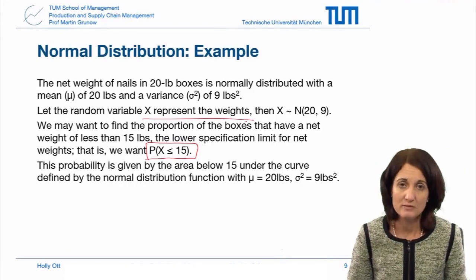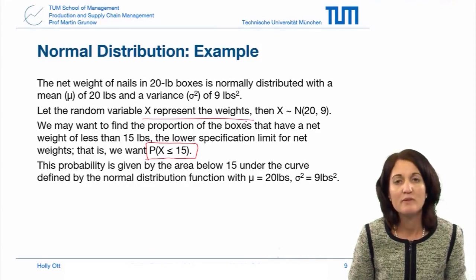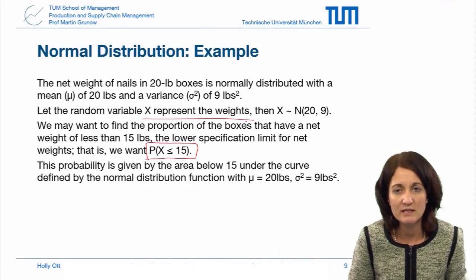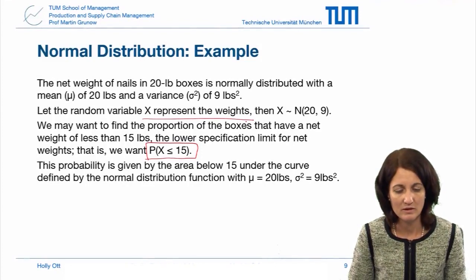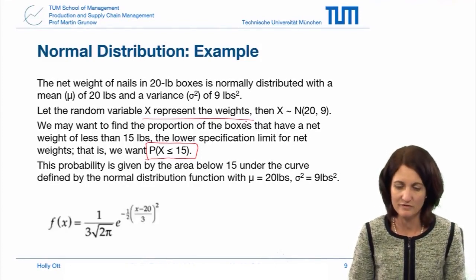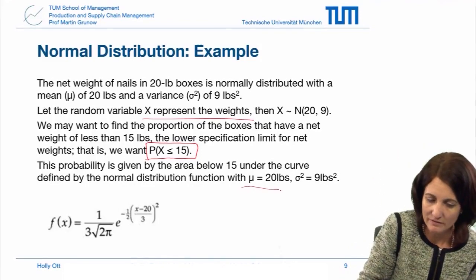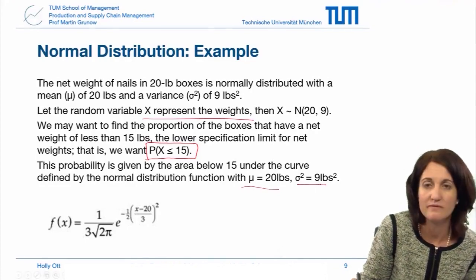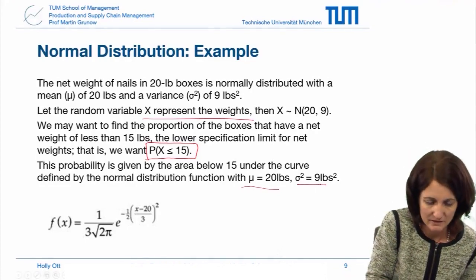Now, this probability is given by the area below 15 under the curve defined by the normal distribution function with mean of 20 pounds and a variance of 9 pounds squared.